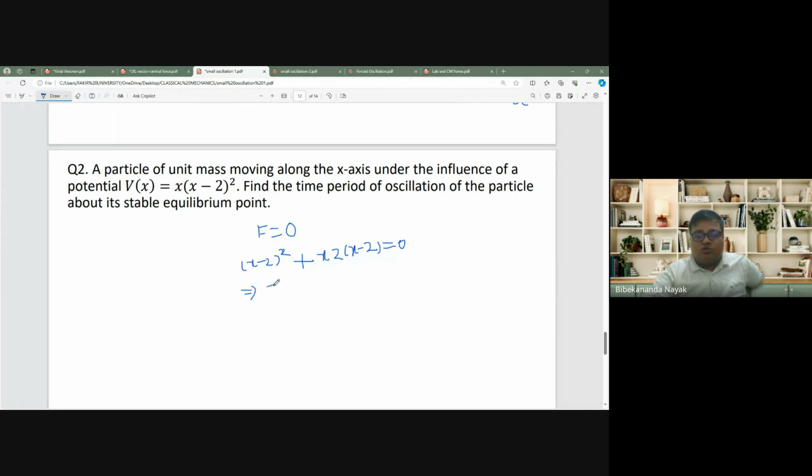x minus 2 you can take common because x minus 2 is in each term. So if x minus 2 is taken common, it will be x minus 2 plus 2x is equal to 0.